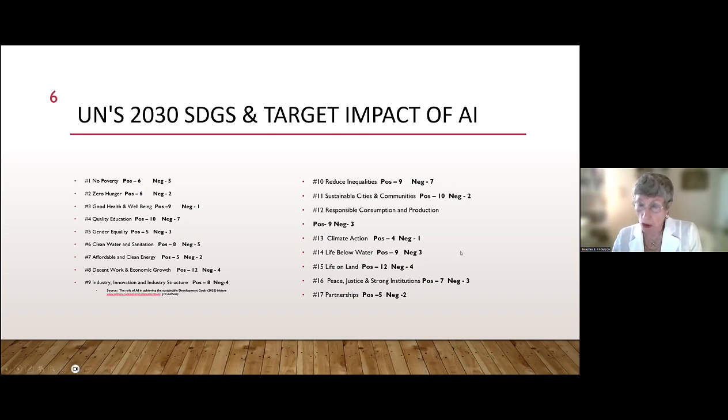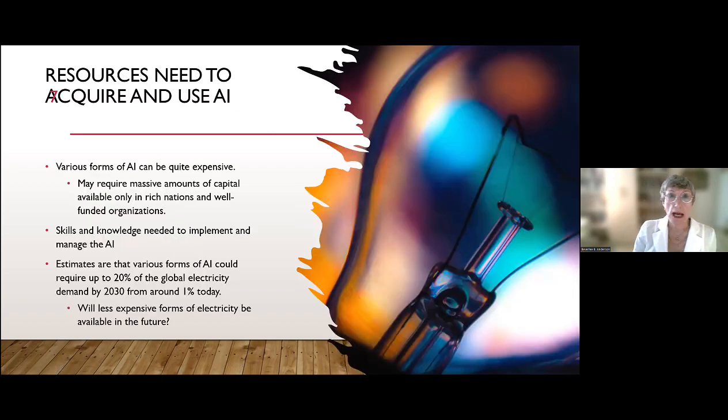Now, going on to the next slide, you're going to have to consider, as I said, the resources needed. This was the next to the last question that was asked in the last session, because various forms of artificial intelligence can be quite expensive. Some are relatively inexpensive. With ChatGPT, I think as long as you have a computer, you can go in and prompt and ask it something.